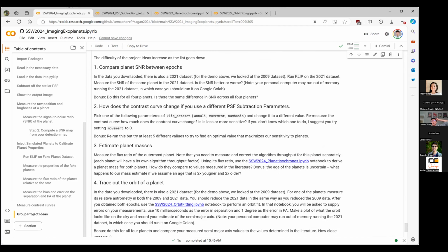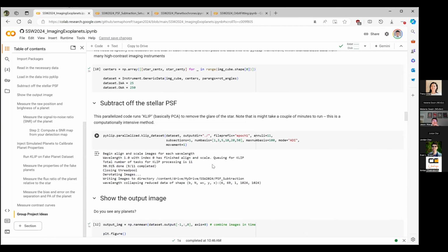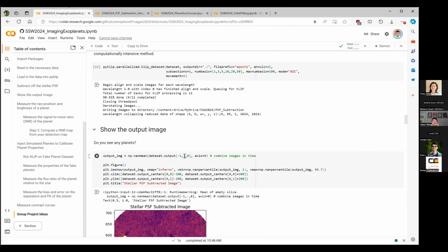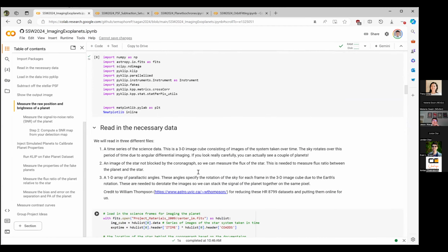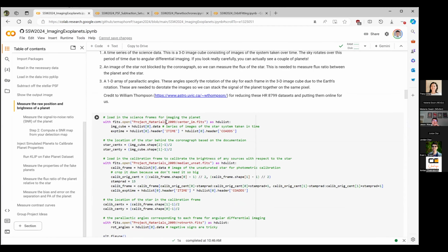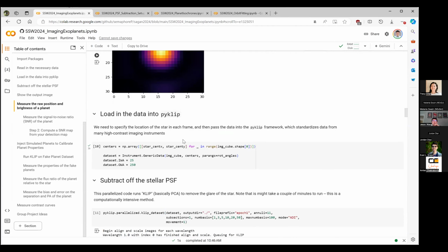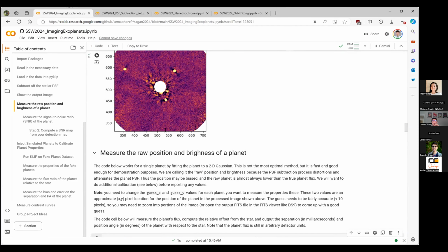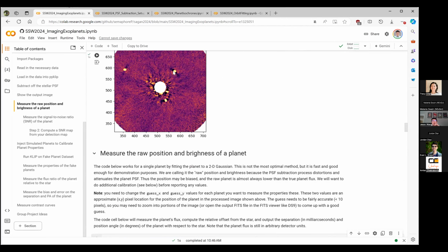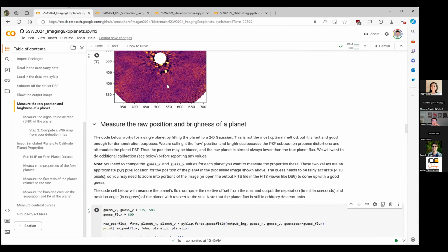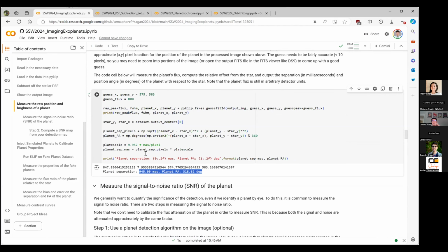So basically, we've measured a separation and position angle for, say, planet C already in the 2009 data. So then we'll need to load in the 2021 data, reduce it the same way, change our guess X and Y position because planet C will have moved in the 2021 data. We'll remeasure its separation and position angle.